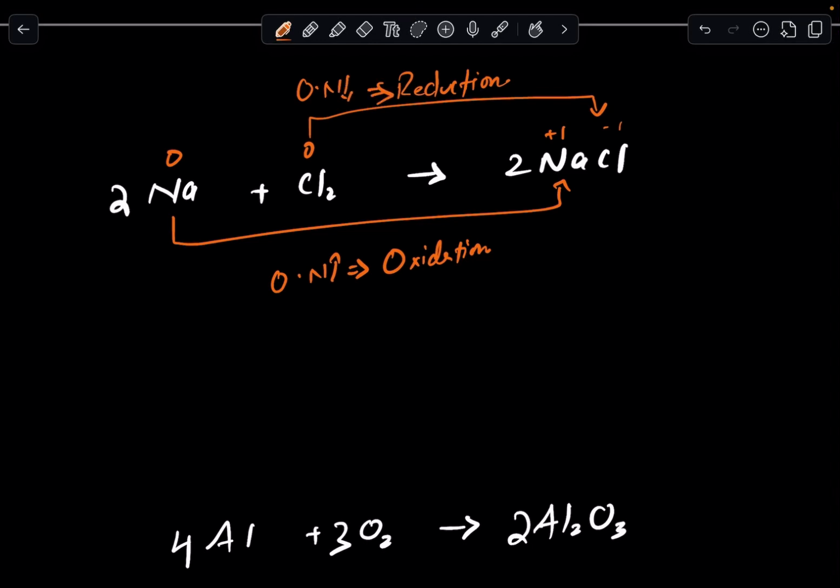You can see that oxidation number decreases 0 to -1. So if sodium is being oxidized and chlorine is being reduced, then sodium is the reducing agent and chlorine is the oxidizing agent. If you just write O, then you simply write RA. If you identify that the chlorine is being reduced, then it must be oxidizing agent. So you just need to write OA.